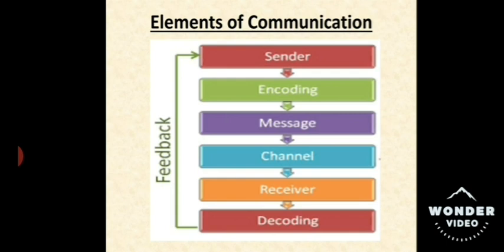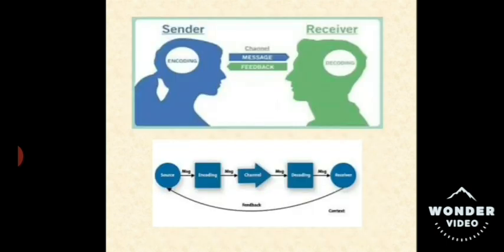I hope you understood these elements of communication, that is, sender, encoding, message, channel, receiver, decoding, and feedback. These elements can be better understood by the diagrams given here. In the first diagram, you can see the sender is first encoding the message in her mind. Then he is sending the message through a channel.